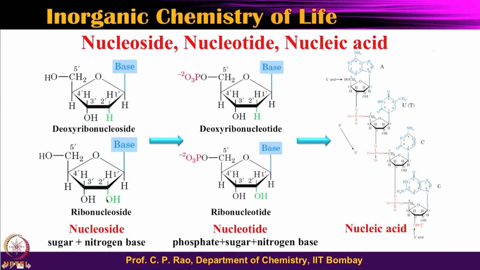So, ribonucleoside and ribonucleotide. The difference between these two is the second position. In case of DNA it is deoxyribonucleotide, and RNA ribonucleotide, and deoxyribonucleic acid and ribonucleic acid.